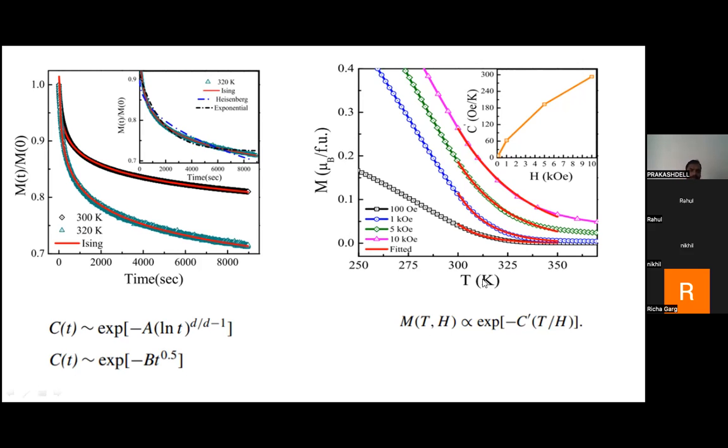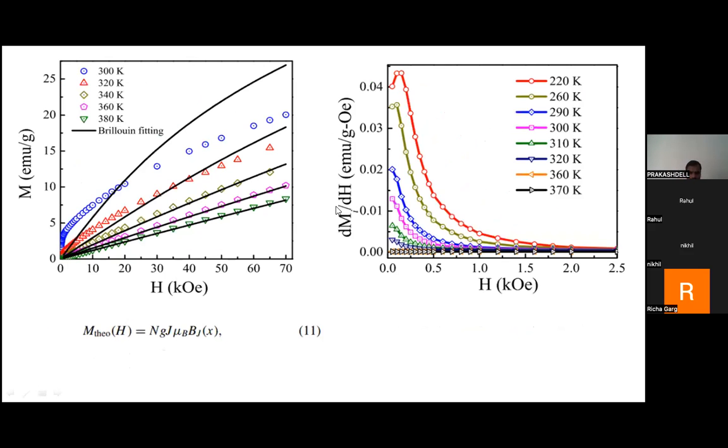So again, if you have magnetization data at the low field region and at the high field region, it doesn't fit the Brillouin function. The Brillouin function is nothing but the function which explains the magnetic system after the phase transition has occurred. So in the paramagnetic region, Brillouin should fit quite well. You can see, as I was claiming, the authors have claimed the Griffith phase sustains up to 360K.